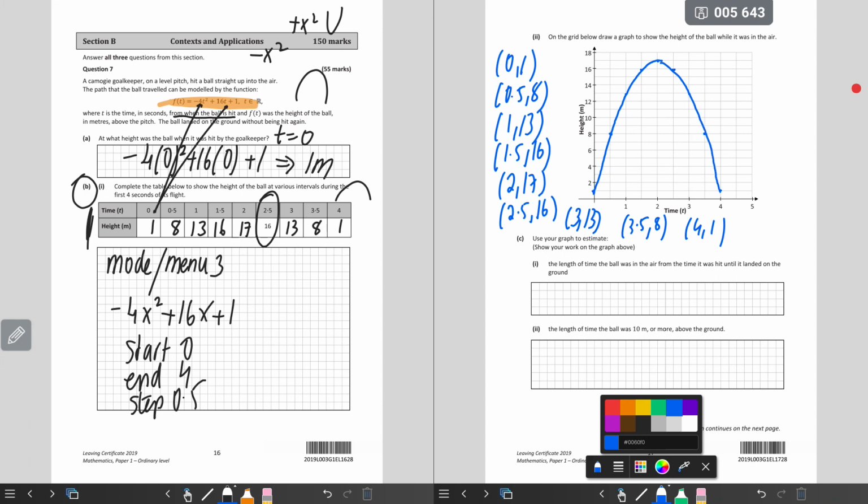That matches up to what we thought: minus x squared or minus t squared, giving you that shape.